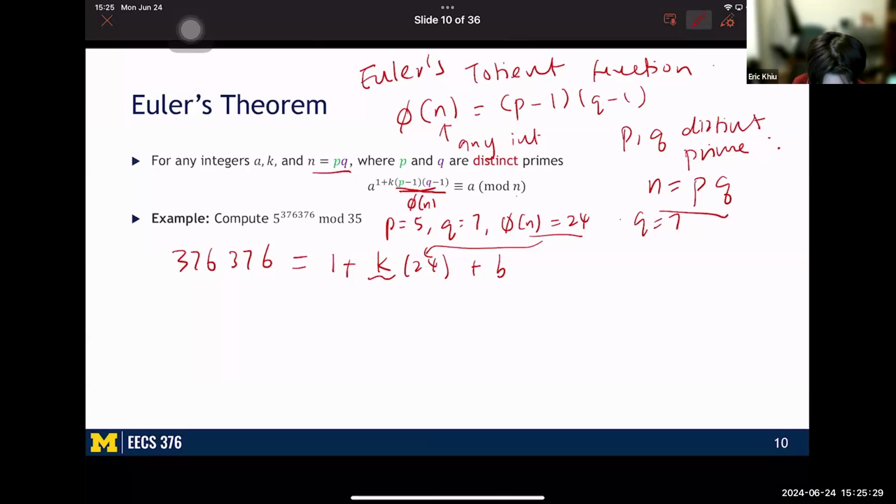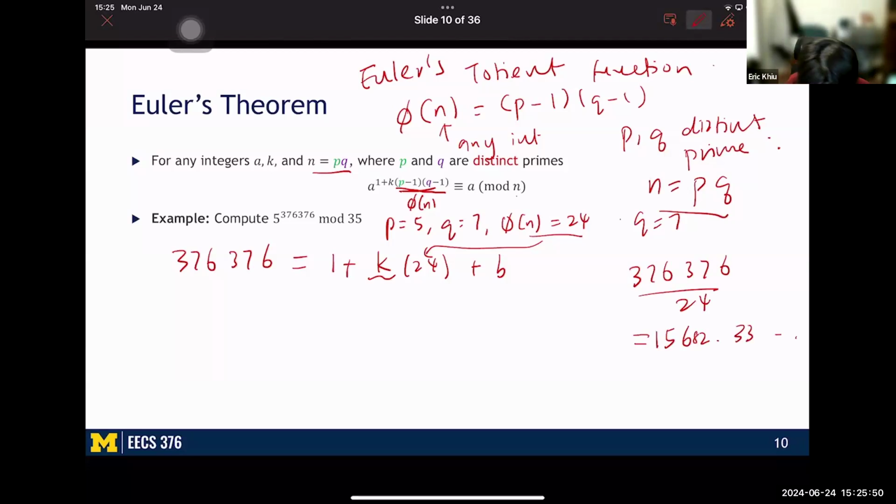I'm just using a calculator for 376 divided by 24, and I'm getting 15682.33 and so on.